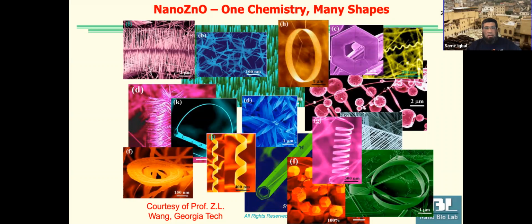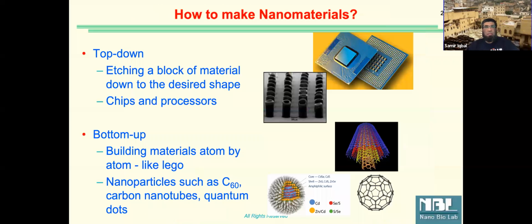And again, there are top-down ways how we make them. We can start with bigger material and chisel away. Chiseling is done by etching. We talked about that. By etching away extra material and getting to that smaller amount, we call it top down. Or we can start bottom up, where we can put atoms together, we can design them to behave in a certain way, and we can create nanoparticles out of those.